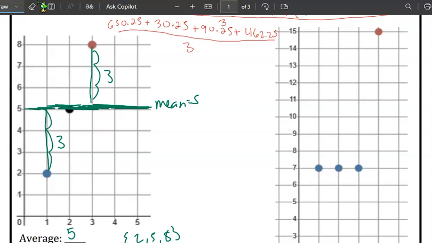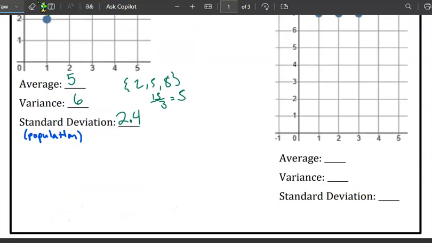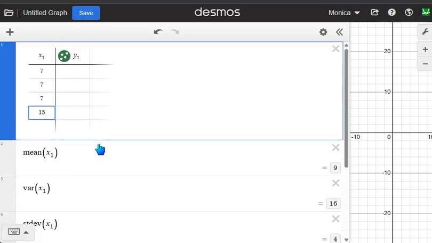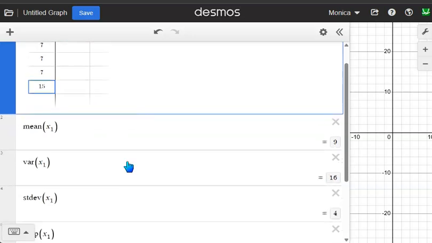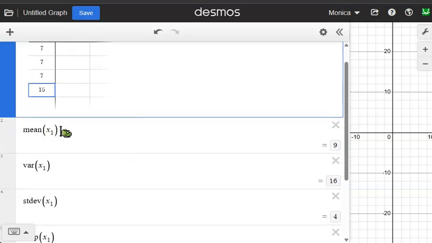Let's look at the next example. We have 3 7s and 1 15. If we put them into a table and then put them on Desmos, our average is 9, variance is 16, and the standard deviation for the sample is 4.